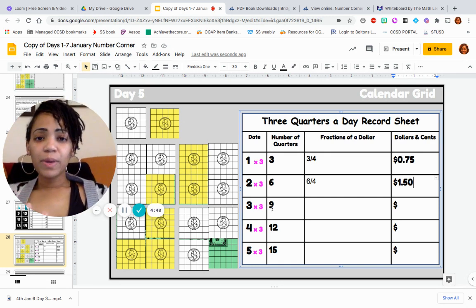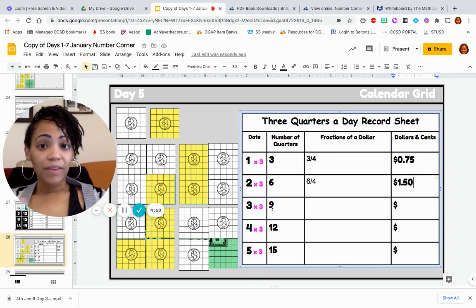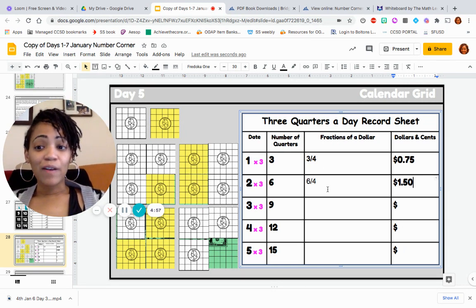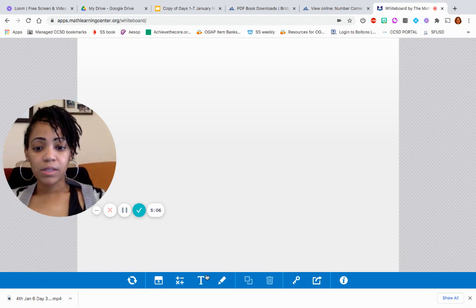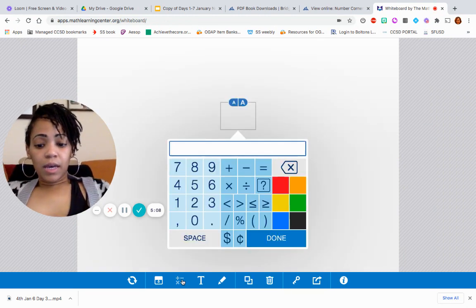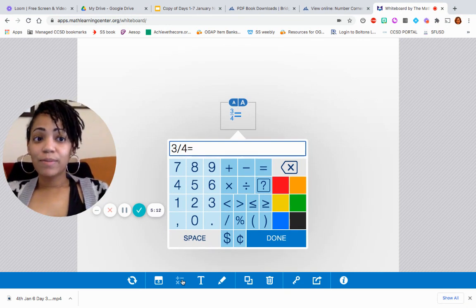Okay, so before we talk about how much money we have, let's talk about how we can write the fractions that we already have as an equation. And let's start with 3/4. I'm going to show you 3/4, and then I want you to think about how you can turn that into 6/4, okay?